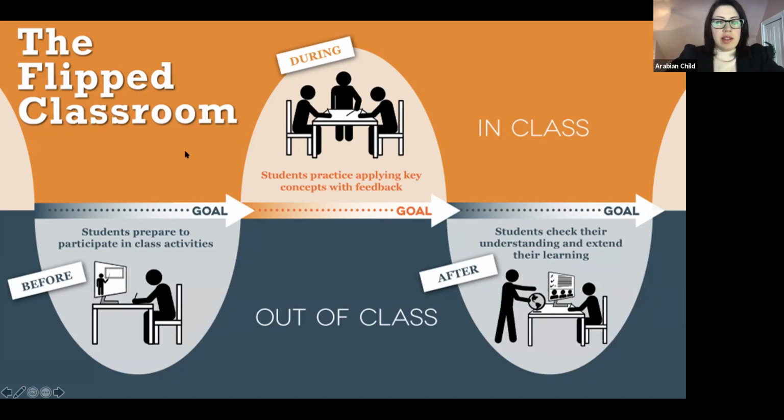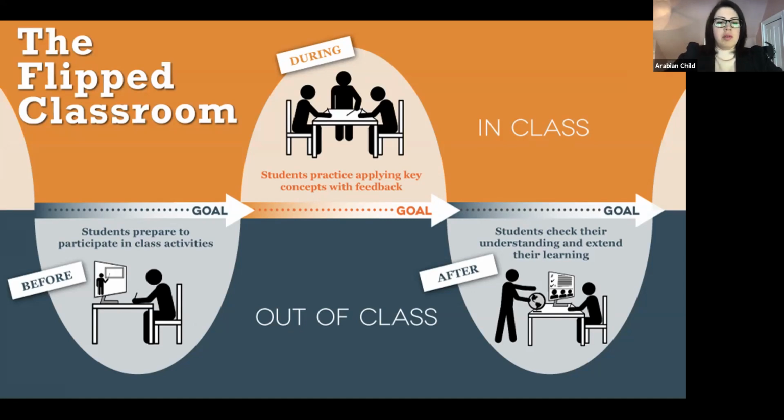And you can notice that the things in the orange section over here are in class, or in virtual class, right? And the sections at the bottom in the gray area are out of class. So I think the flipped classroom is something that we're following even in our course, how to plan for how to engage children in remote learning.